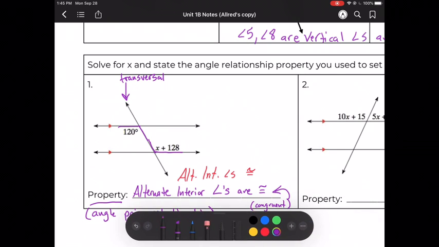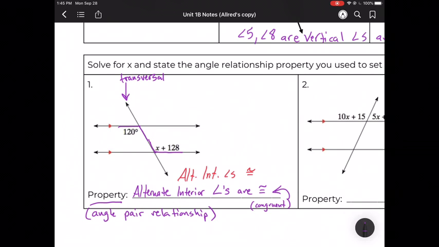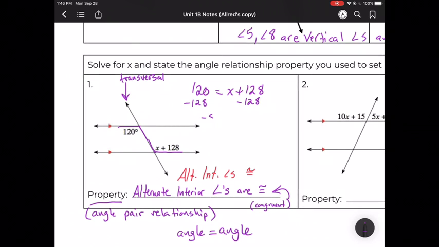And that's actually how we're going to set up our equation now. Because they're congruent, that means they're equal to each other. Angle equals angle. And so that's how I set this up. 120 equals x plus 128. And all we have to do here now is solve for x. So we're going to subtract 128 from both sides, giving me negative 8 equals x.